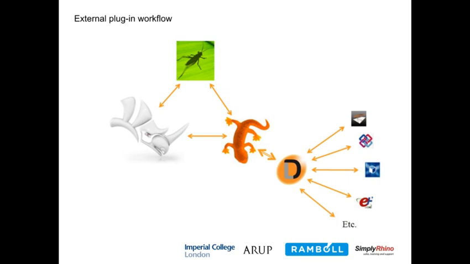Of course, there are other packages out there, and Paul Jeffries has developed Salamander, which is a package that links Grasshopper with other external packages like GSA, Ecotect, and Revit, and so on.